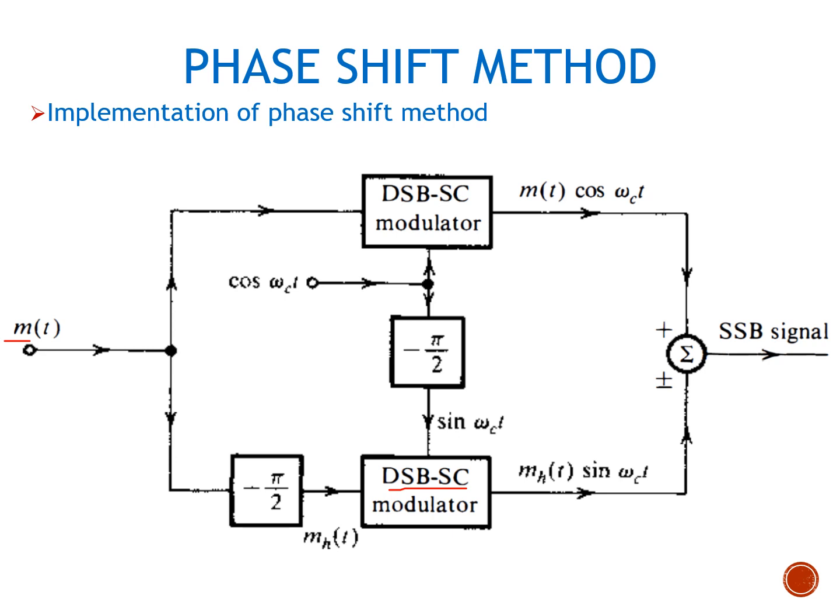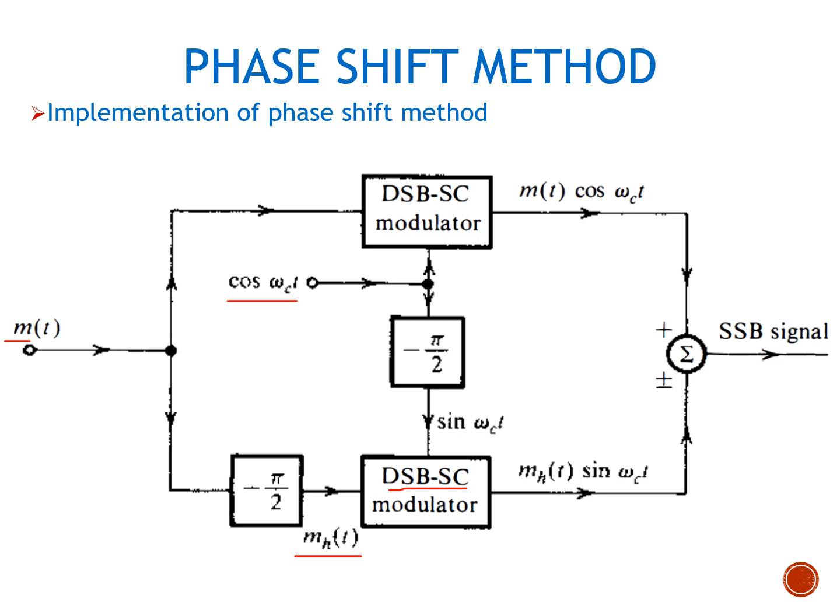In one of the paths there is a phase shifter of minus pi by 2, in order to get the Hilbert transform of the signal m(t). And then we also have at the input a sinusoidal carrier, represented by cos omega_c t.